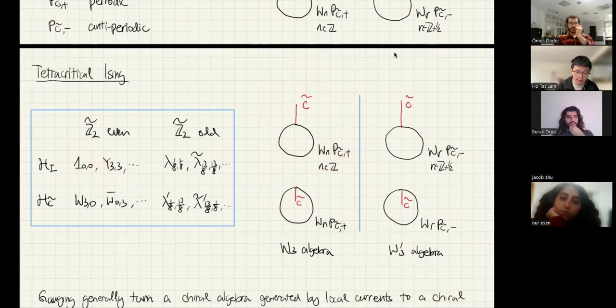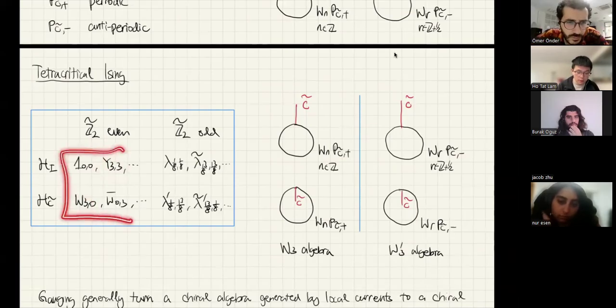So indeed, if we start with these operators and apply W minus 3, we get these operators. And this is again an operator that is charge neutral under C tilde, but this operator now lives inside a defect Hilbert space. And you can now apply W minus 3 bar, and then you can go from this operator to this operator and get this Y operator.